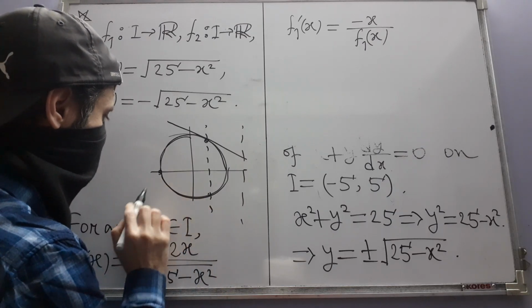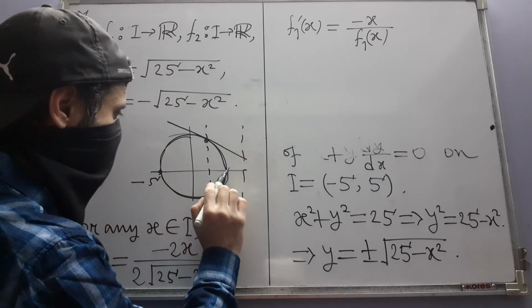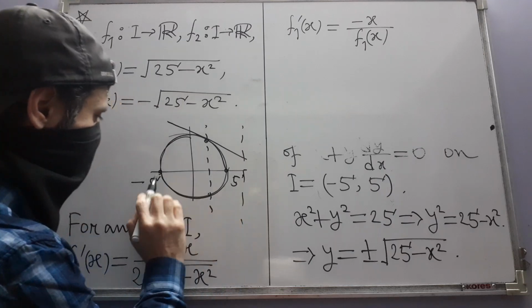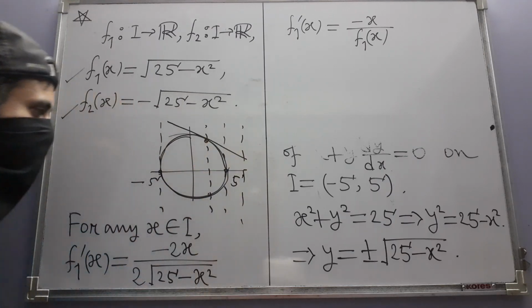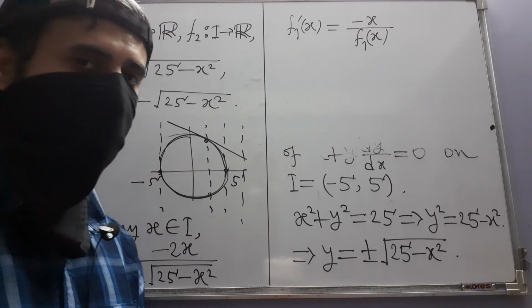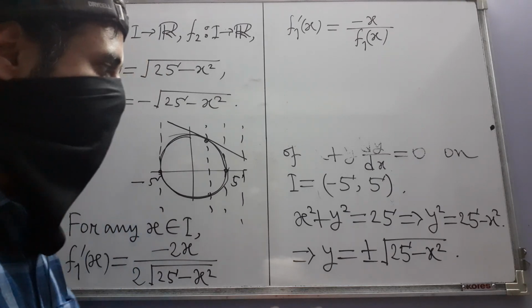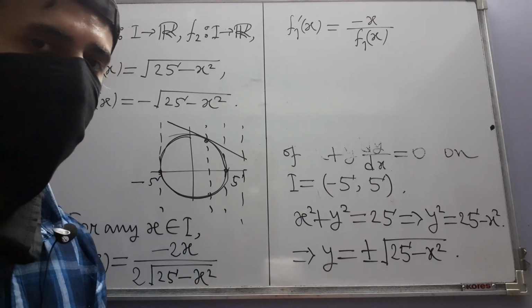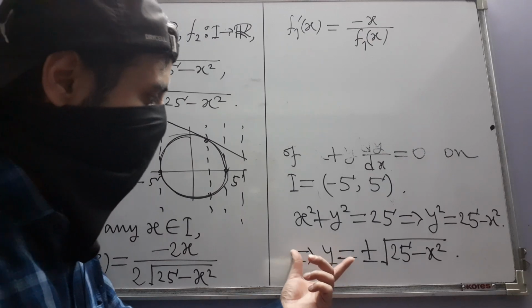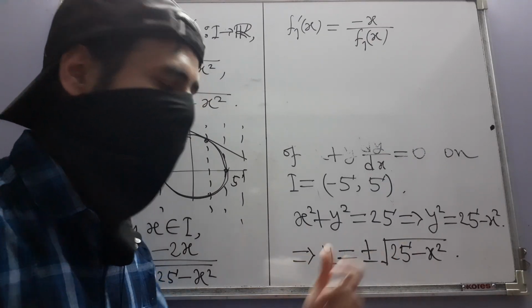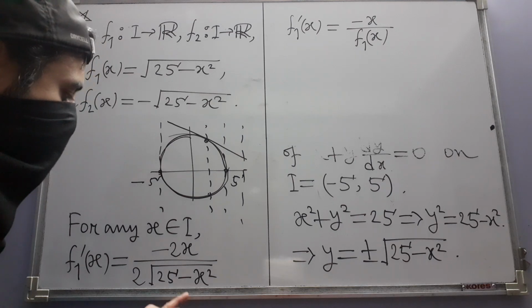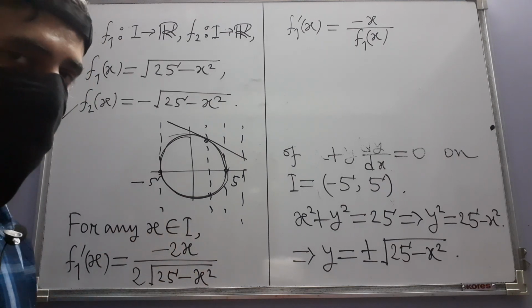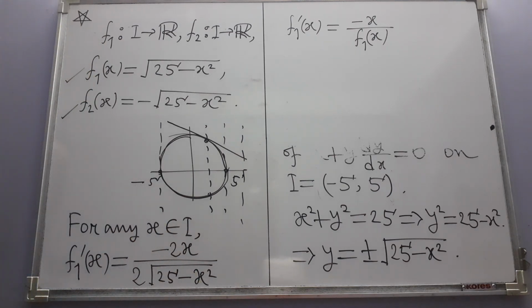But at x equal to 5 or minus 5, the tangents are vertical, so the slope is undefined. That is why we cannot take minus 5 and 5. When solving the equation to find these two functions, you can take minus 5 and 5, but if you want to differentiate, you cannot. Okay.